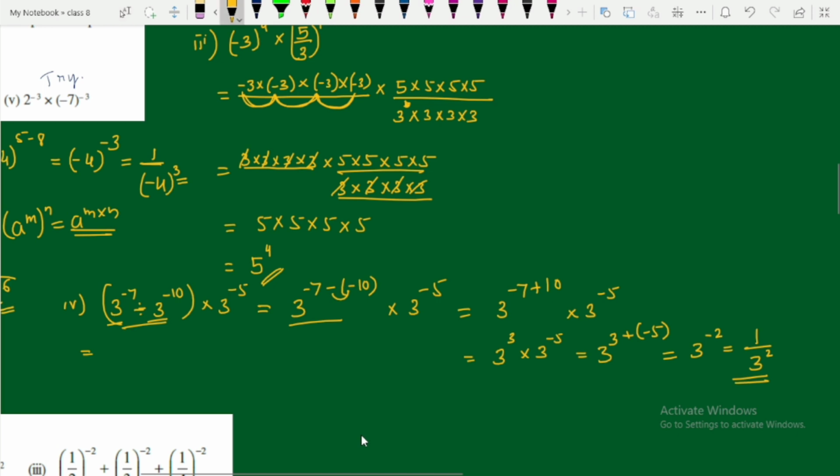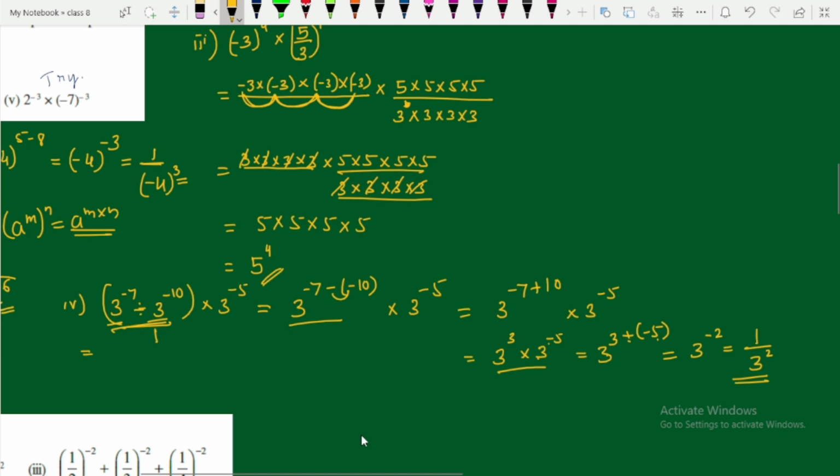What we did first is a raised to m upon a raised to n equals a raised to m minus n, which we applied here, and simplified m minus n to get minus 7 plus 10, so it is 3 raised to 3 into 3 raised to minus 5. Here we applied a raised to m into a raised to n equals a raised to m plus n. So it is 3 minus 5, that is 3 raised to minus 2, which we reciprocal.